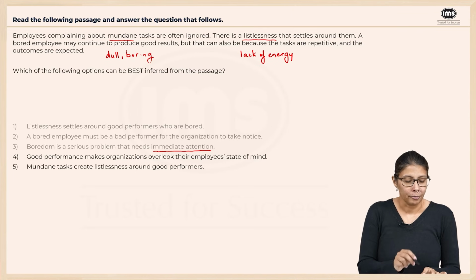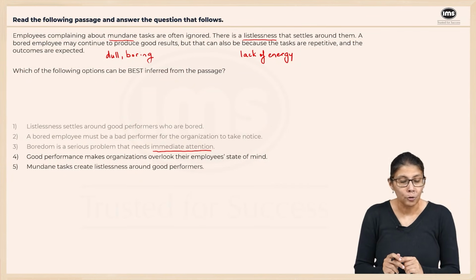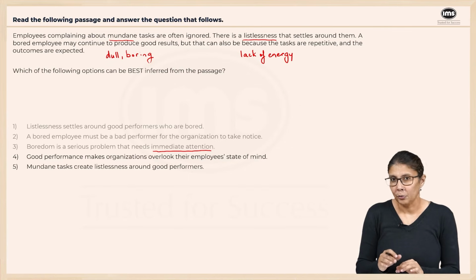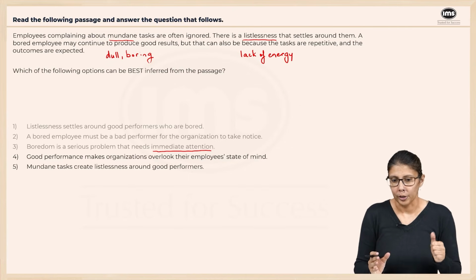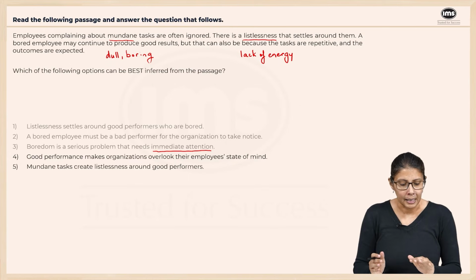But then, look at 5. Option 5 says, mundane tasks create listlessness around good performers. Now, there are two ways we can approach this. One is to say that this seems to have all the relevant keywords: mundane, listless, good performers. So, it seems like it could be the answer. But then, look at it carefully and evaluate the meaning.